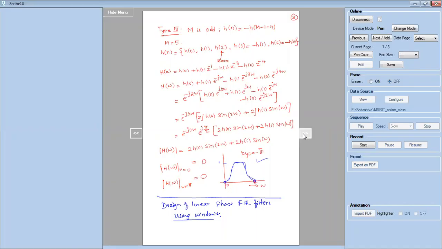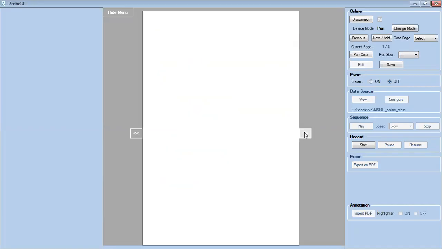Assume that I want to design a simple low pass filter whose frequency response is something like this. This is my desired filter frequency response.